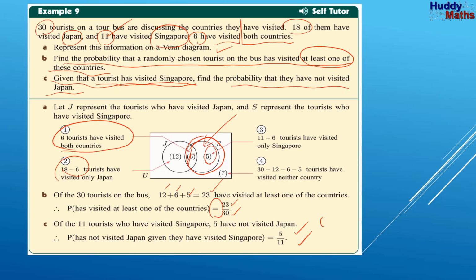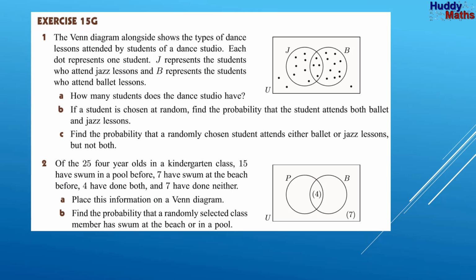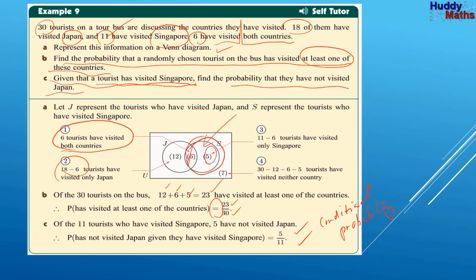So this is called conditional probability because we're given some condition on the set that we're looking at. We're not looking at the whole lot. Hang on, we'll go back. We're not looking at the whole 30. We're told that we're given that they have visited Singapore. So we have a reduced sample space.